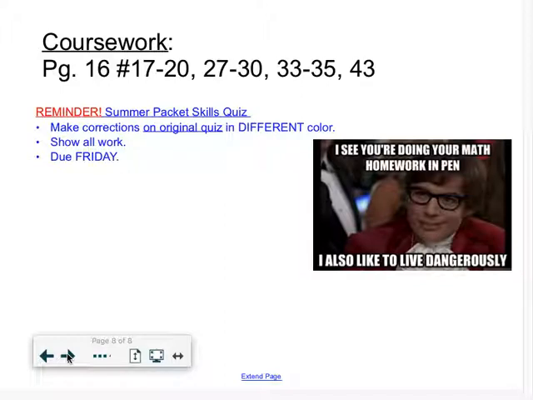If you want to do it on the next column, that's fine. But side note, I am going to pick up your homework tomorrow. So make sure that you do it on something that you're willing to tear out and hand it to me. So I am going to pick up and look at your homework tomorrow. Some days we'll pick it up and look at it. Some days we won't. It just depends, okay? Russian roulette.